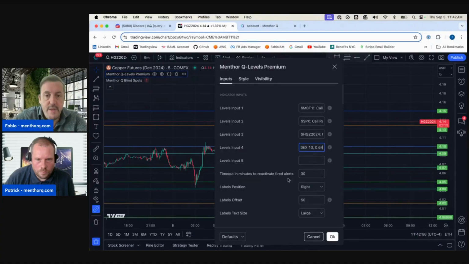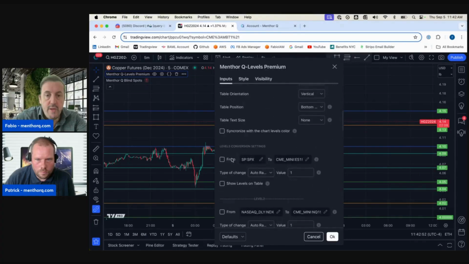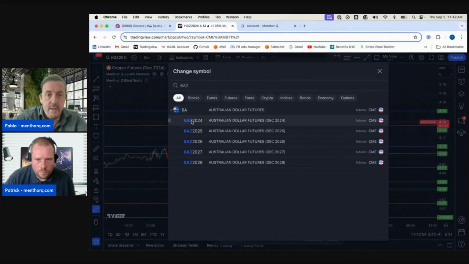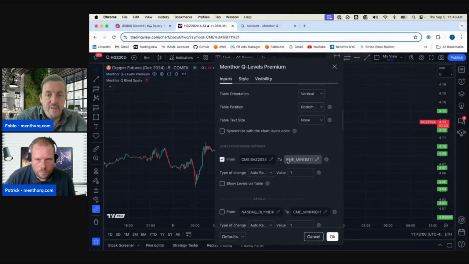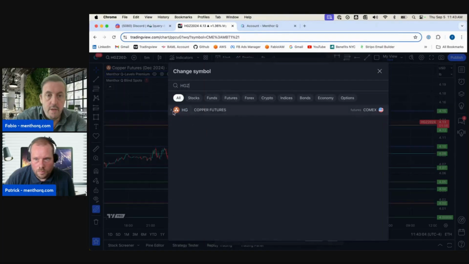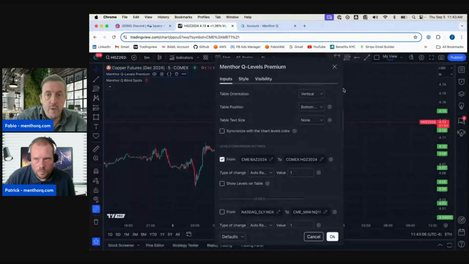So we type it in here, and then what we can do is convert our 6AZ, our 6A levels, into our copper levels. And let's see what we have here.